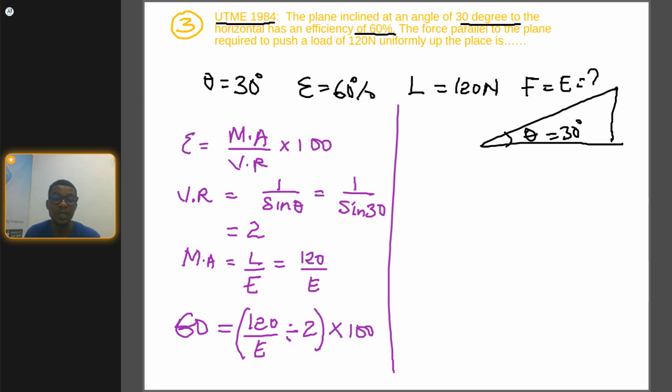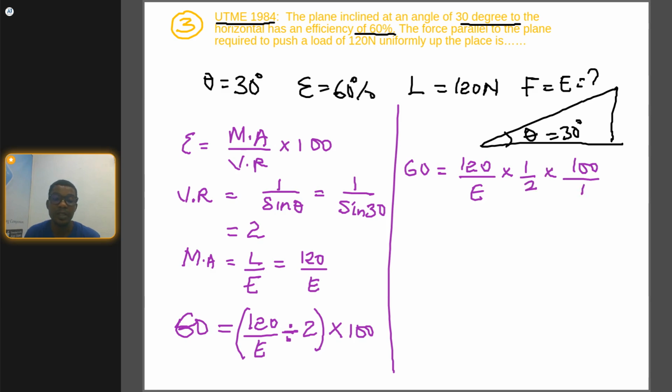So what you have just done is this expression, MA over VR. 120 over E represents MA, then 2 represents the velocity ratio. 60% equals 120 over E, changing division to multiplication, we have times 1 over 2 times 100 over 1.